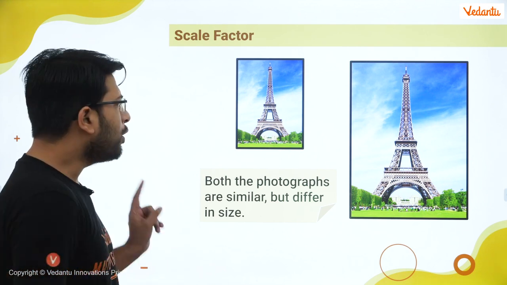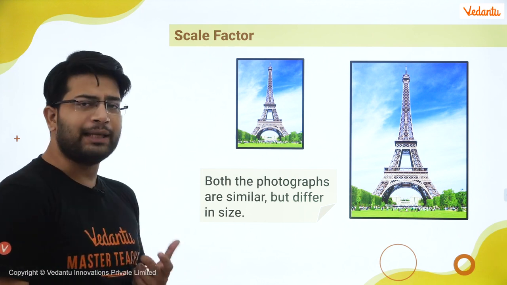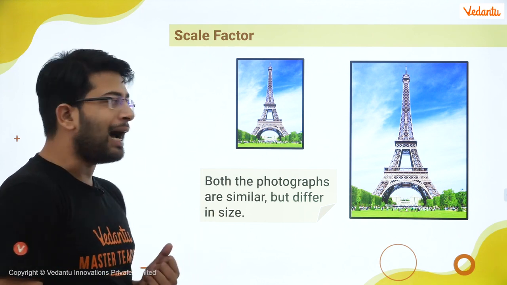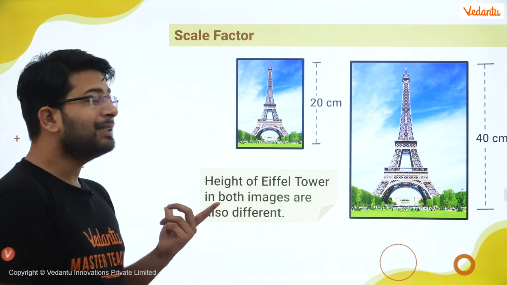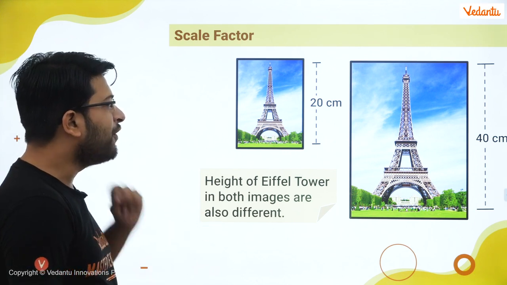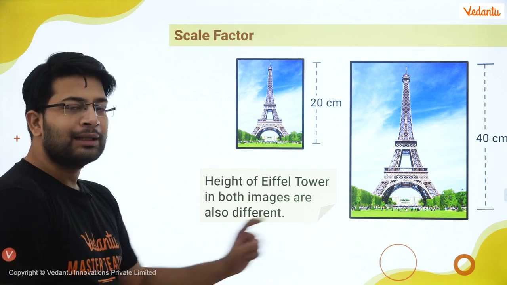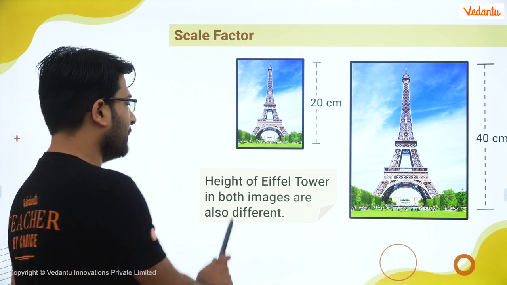Same here. Look at these two figures. What do you think, champ? Both figures are similar figures. Answer is yes. Let's say the height of this Eiffel Tower is 20 centimeter and in this figure the height is 40 centimeter.